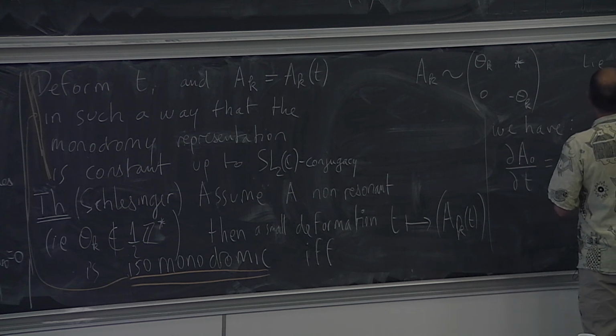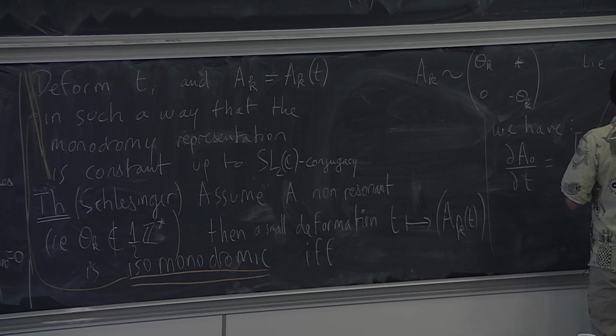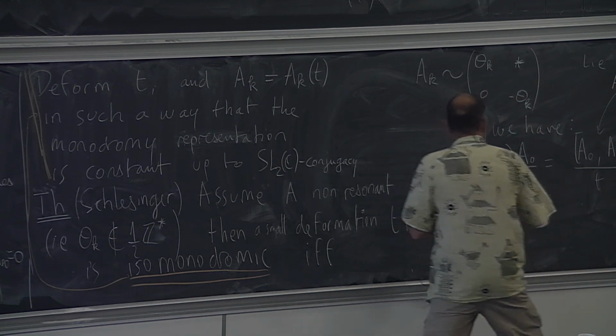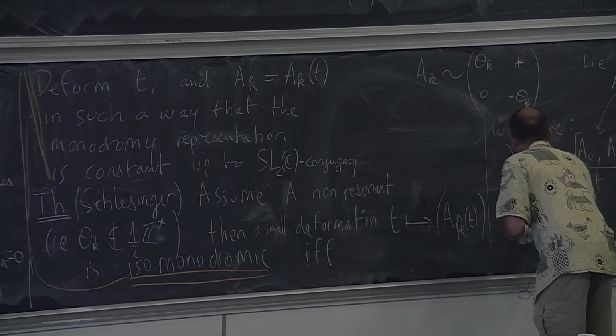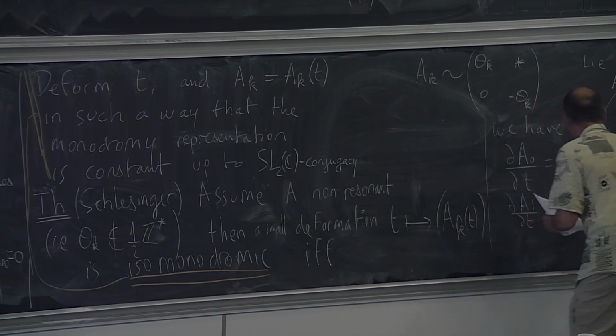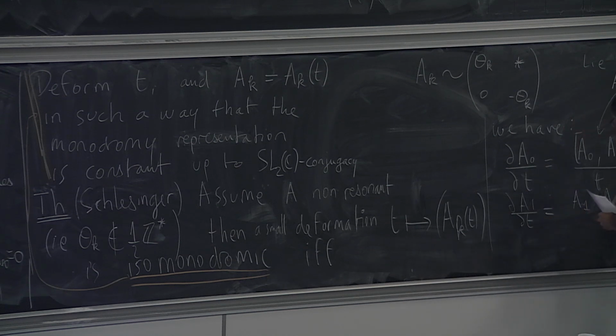This is A0 AT minus AT A0. D A1 over dt equal A1 AT over T minus 1.